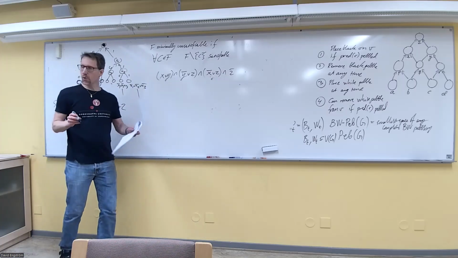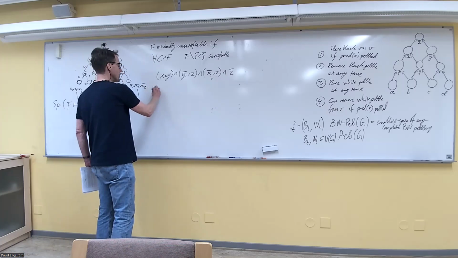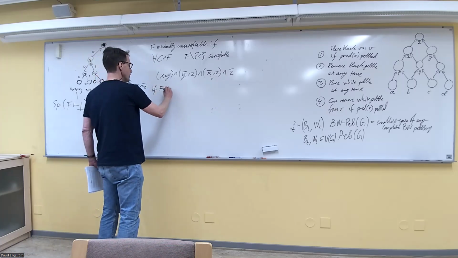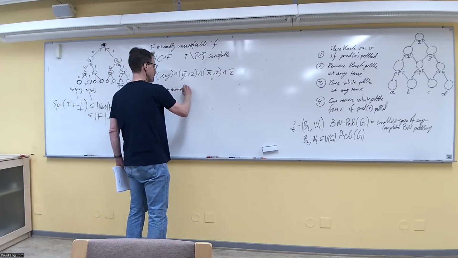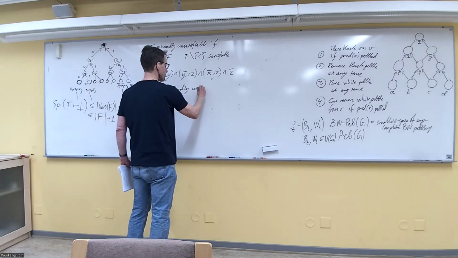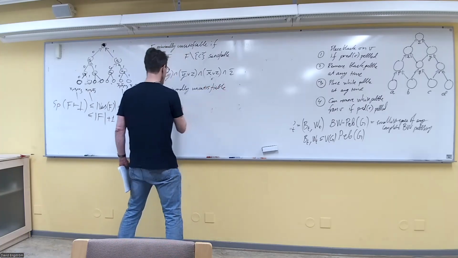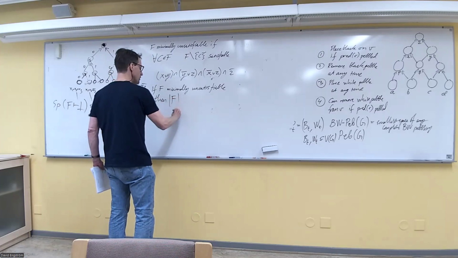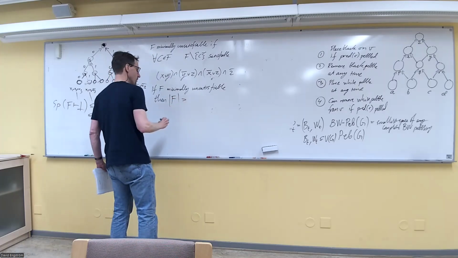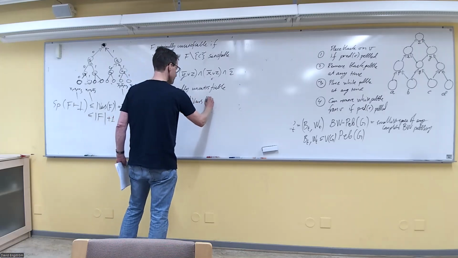Okay? So my claim is that if f is minimally unsatisfiable, then it has to contain more clauses than variables.